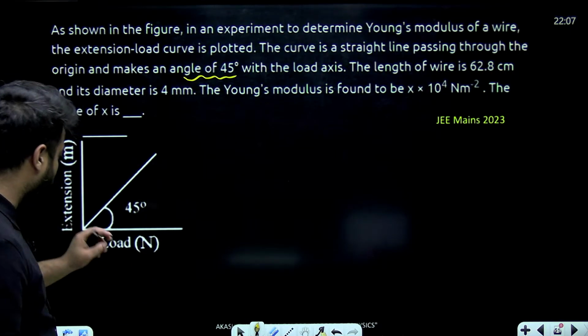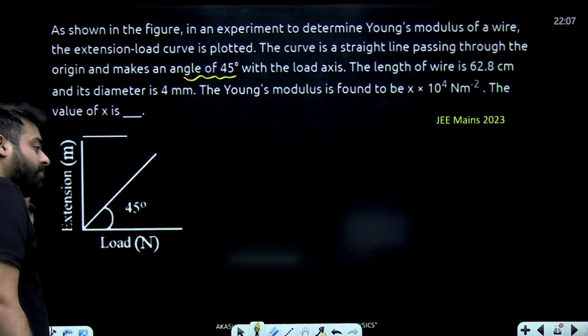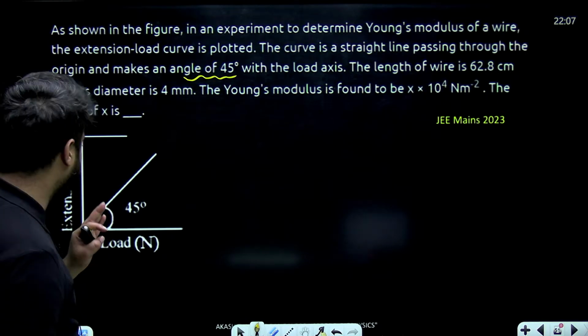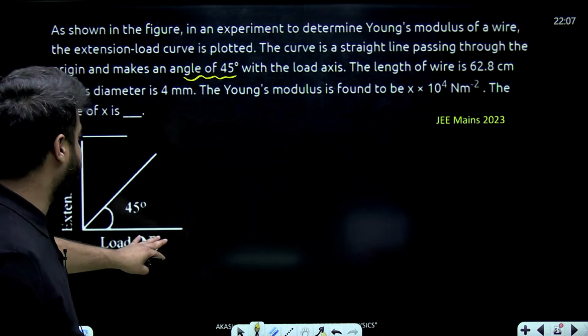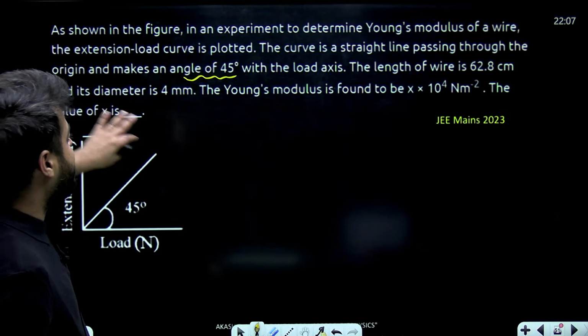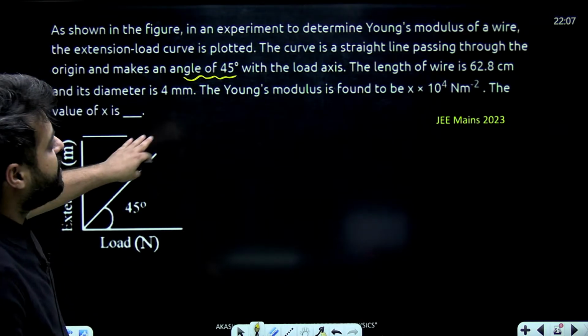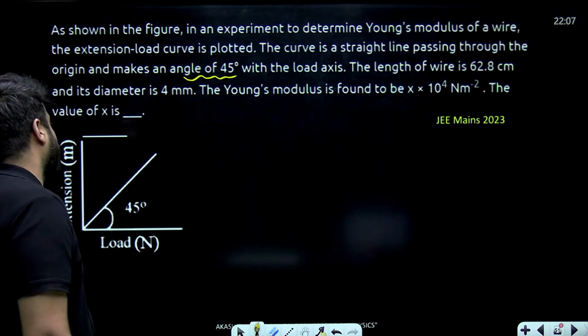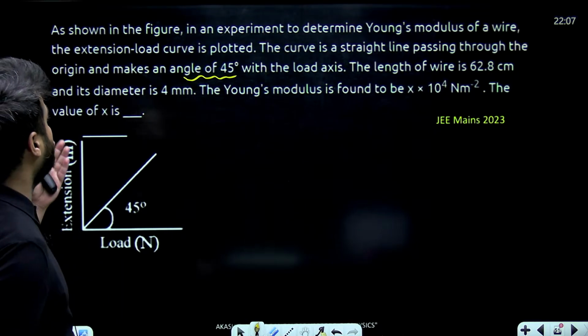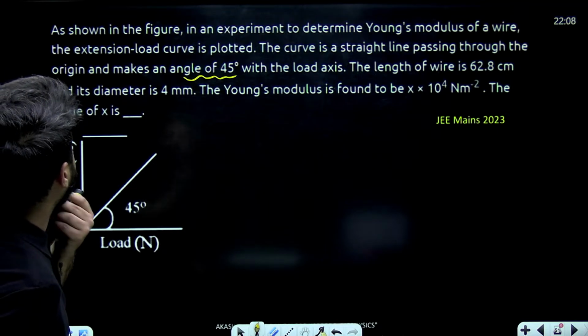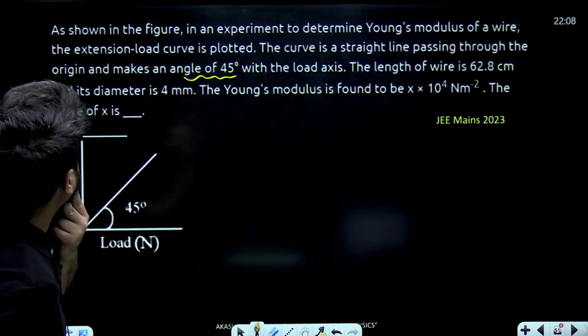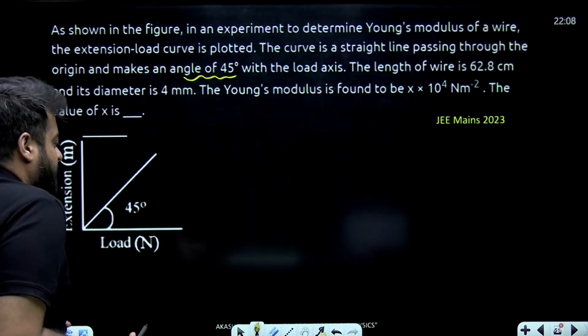Try to understand load per unit area, extension per unit length. Extension is x. This is force F. The length of the wire is given. Diameter is given, Young modulus is given. They are asking what is the value of, okay, they are asking the Young modulus value basically.